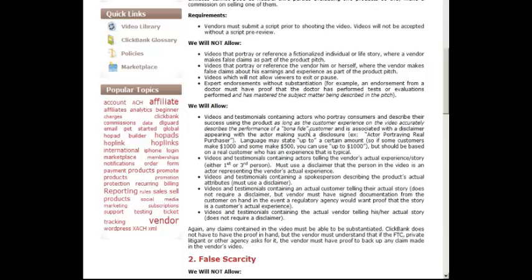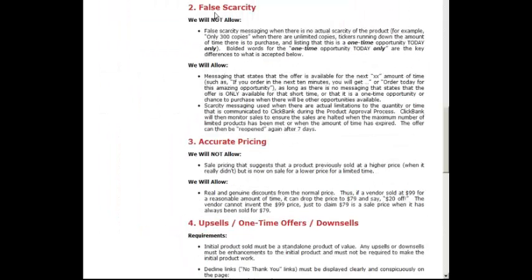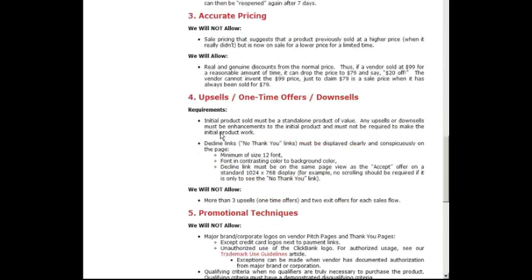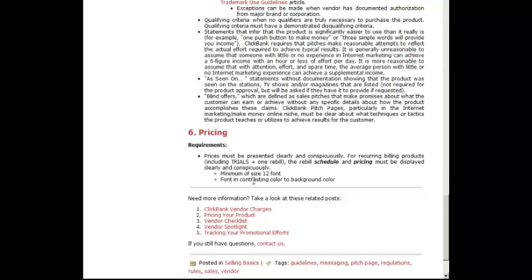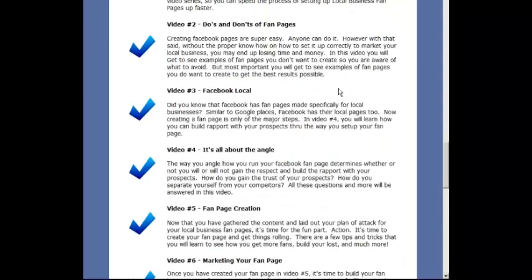Another thing they don't allow is false scarcity, which means like only 300 copies left or something like that. Make sure you have accurate pricing, stuff that's not deceiving. Just make sure you read through here and make sure that it complies with your sales page.